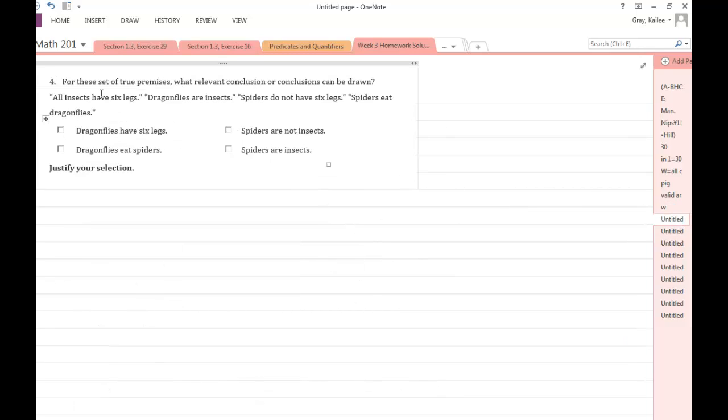Now we've got some quantifiers and we're trying to find out some conclusions from the given premises. So let's just go ahead and introduce some predicates because I know that I have quantifiers, so I want to use predicates and not propositions. And then I'll see if I can get these conclusions.